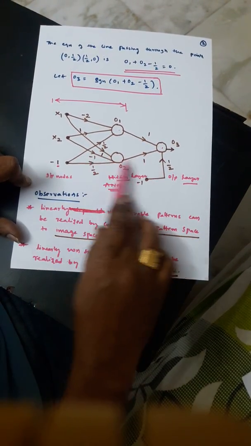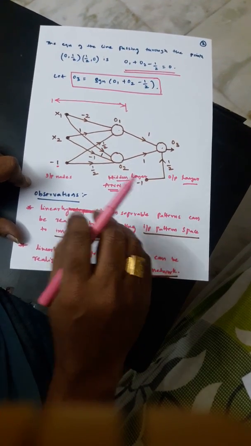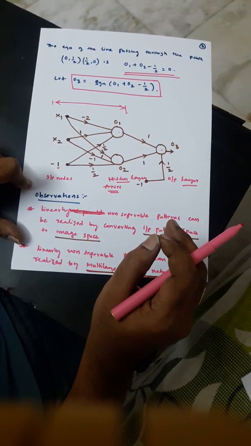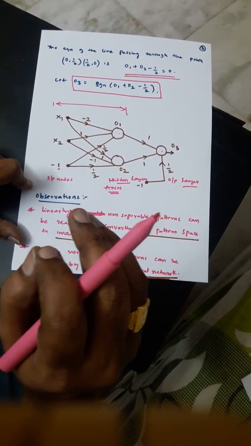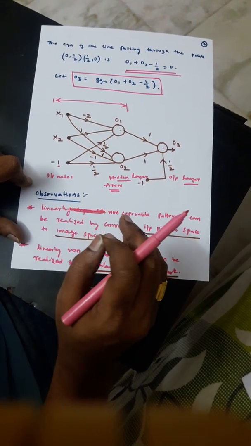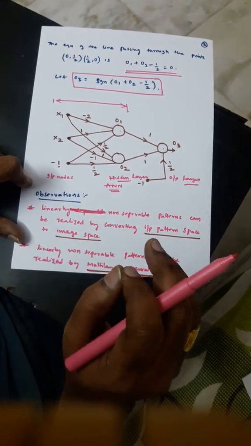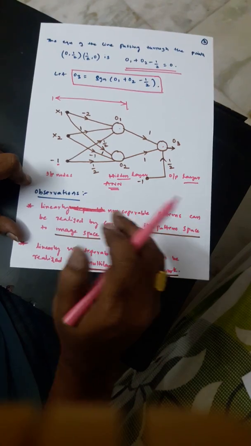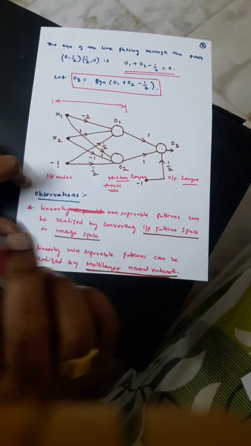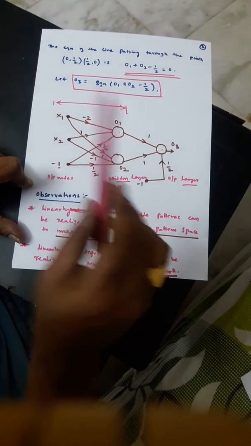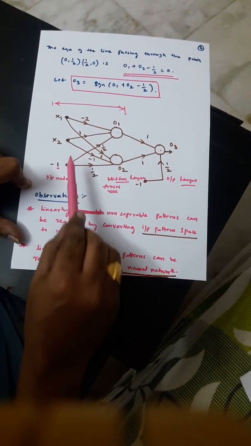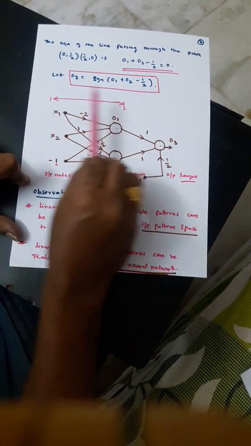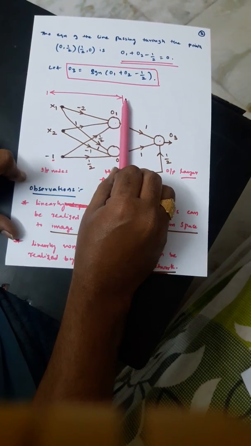Take it for granted, remember it: any linearly non-separable pattern classification can be realized by using a multi-layer neural network. And there is another observation: to realize this you need to convert the given input pattern space into image space. That's what we have discussed.